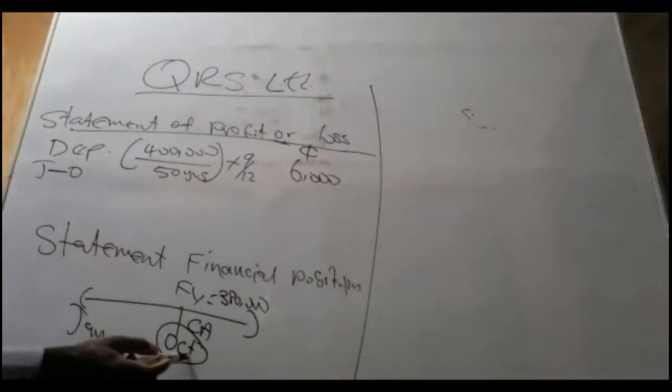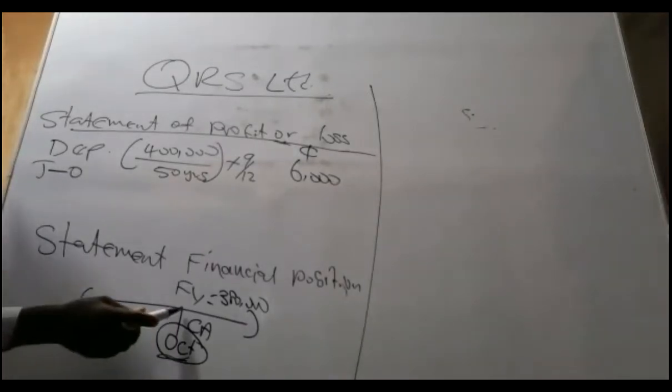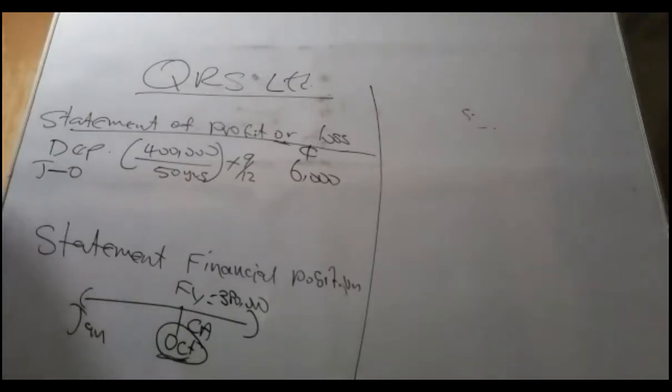How do you get the carrying amount after this date? Carrying amount is nothing but the cost of the asset less the accumulated depreciation. And then you are done. Now let's go and calculate the carrying amount at the date of transfer.